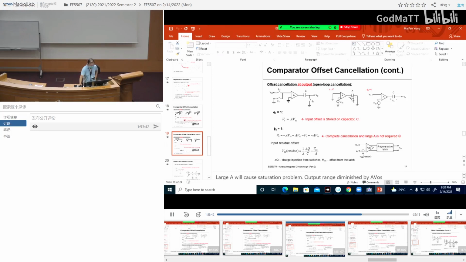The difference of course is that now I inject charge and change this voltage, but this is at the output. So when I refer to the input, I divide by A. The other one is already at the input, so no more divide by A. Here I'm at the output.